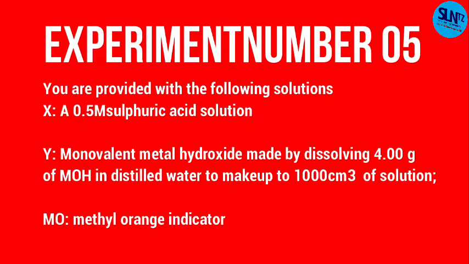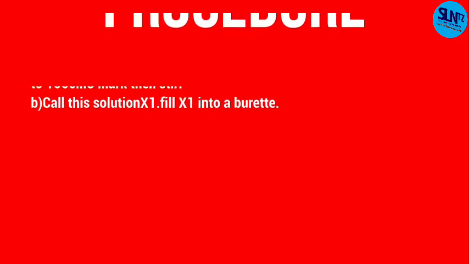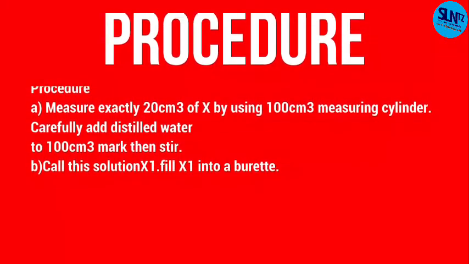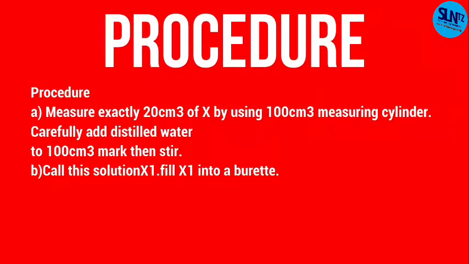So students, you see that this question contains the dilution concept, so we are going to perform the procedure. Procedure A: measure exactly 20 ml of X, which is sulphuric acid, using a 100 ml measuring cylinder, and then carefully add distilled water up to the 100 mark, then stir.